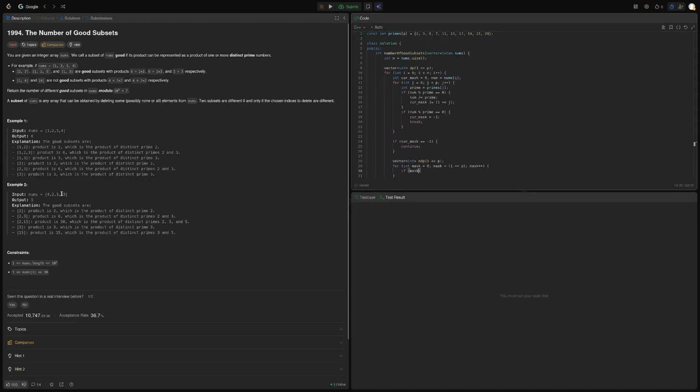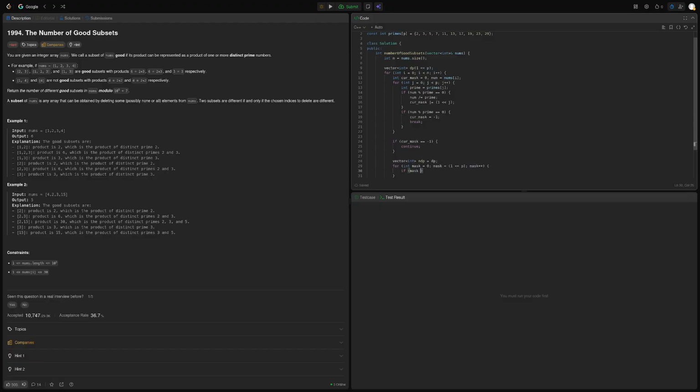So let's say this is like 3, 5 and we are on mask 2, 3. Well, we can't make it. So it's the same number, so NDP should actually be equal to DP.